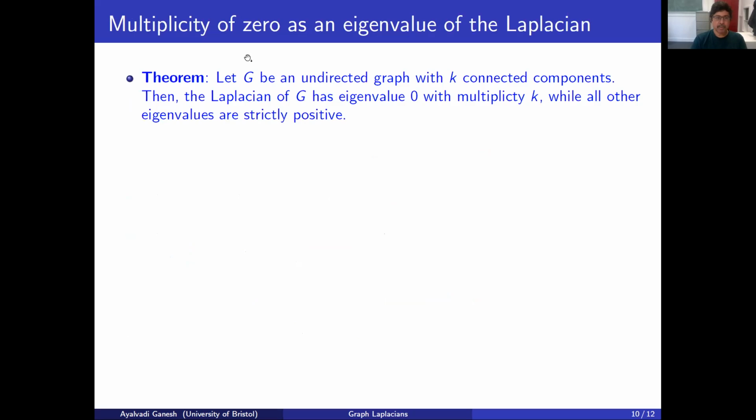So the answer to that question is given by this theorem, which says that for a graph G with k connected components, the eigenvalue 0 of the Laplacian of G is repeated k times, and all other eigenvalues are strictly positive. Okay, so that's the theorem. So make sure you understand the statement of the theorem.